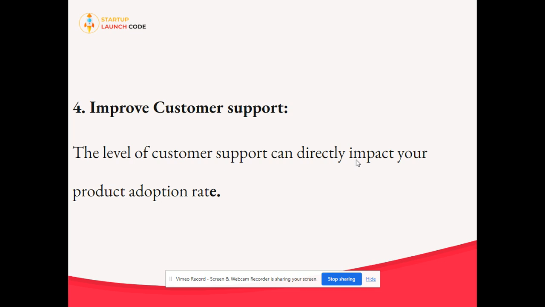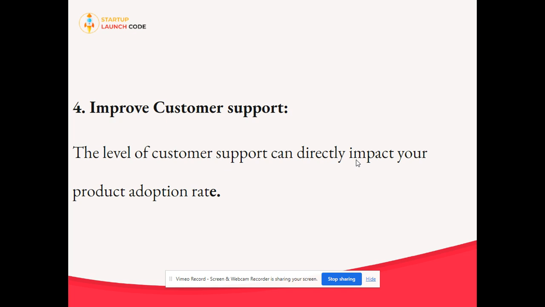So another way you can improve your product adoption is to improve customer support. Yes, the level of customer support can directly impact your product adoption rate. This is especially true for software as a service products where users might have one or two questions to ask.